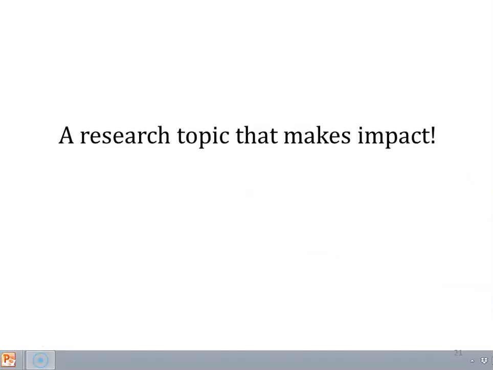If you want to make an impact through your research, you have to choose a topic that fulfills these criteria that I have discussed. And in addition to these two, you should keep in mind a few things.